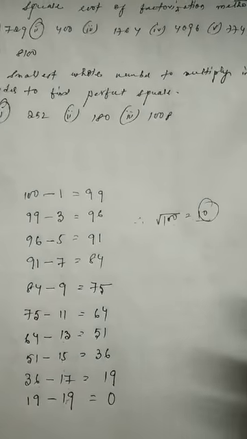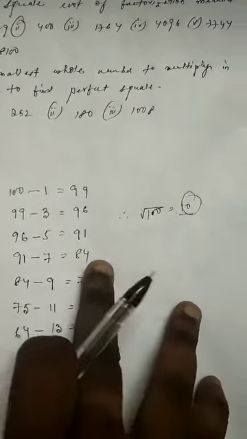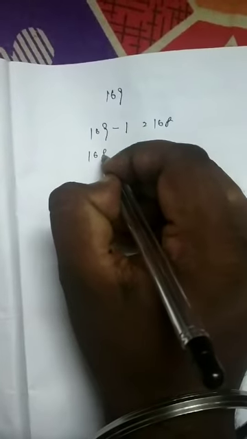So children, by a similar process, we have to do 169 also. Let's try 169. The first number is 1, so that is 168. Next number is 3, that gives 165. In this way, we will keep doing this until we get 0.